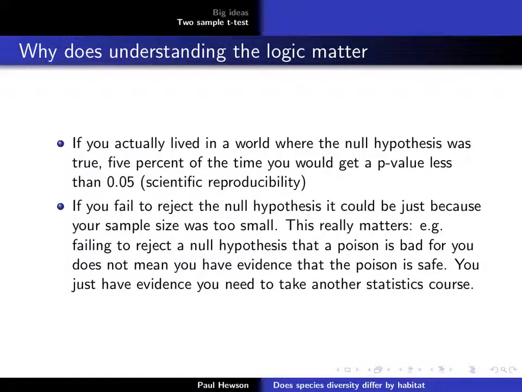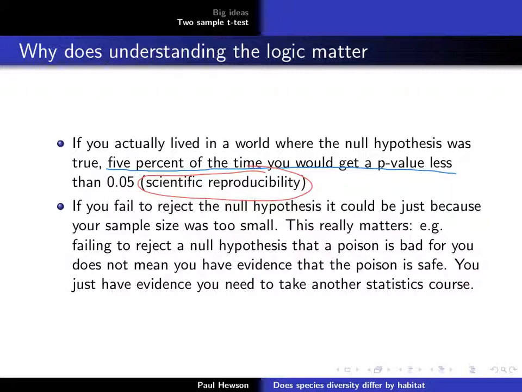So, why the logic matters so much is that if you actually lived in a world where the null hypothesis is true and used this decision rule, 5% of the time you would claim you had a statistically significant result. And as an aside, this is why scientific reproducibility is so important. We need experiments to be reproduced for lots of reasons, but here's one of them.